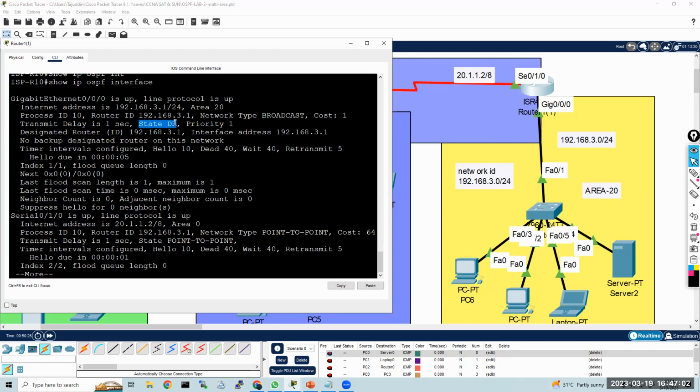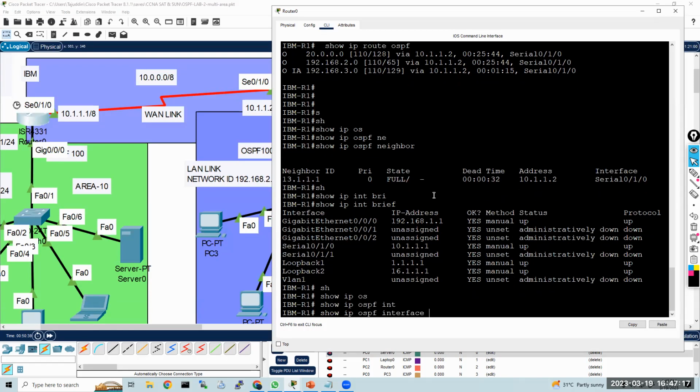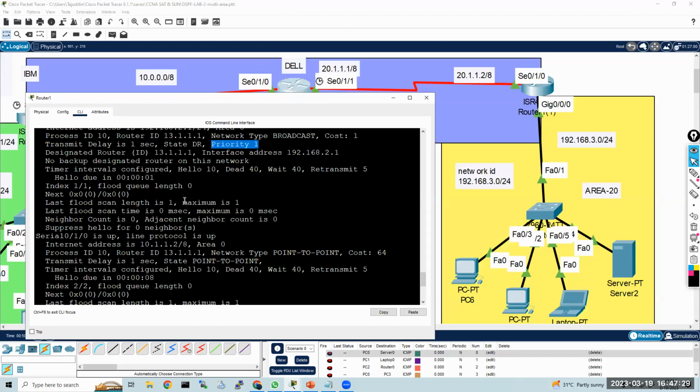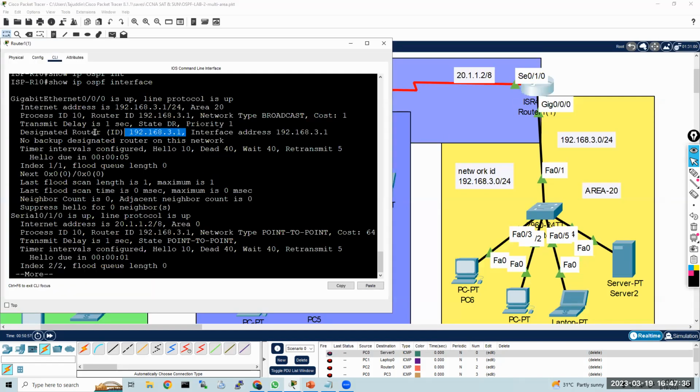This guy also DR, priority is 1, the cost is 1. And check R1 now. Show IP OSPF interface. This guy also DR now. The router ID is 16. What is the router ID for this guy? Router ID is 3.1.1.1.